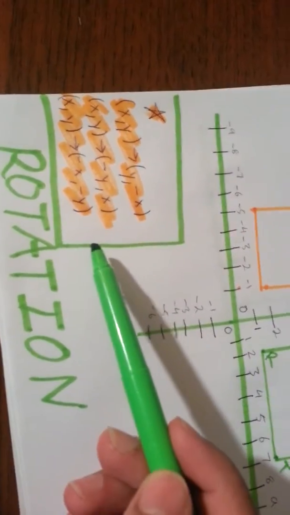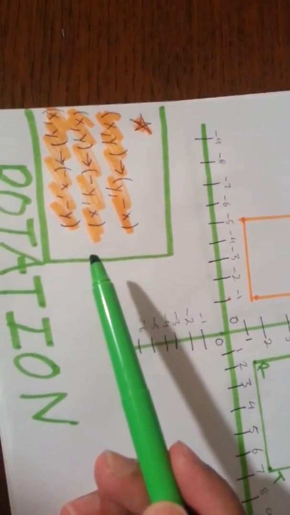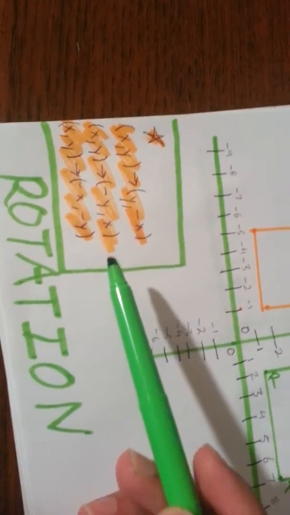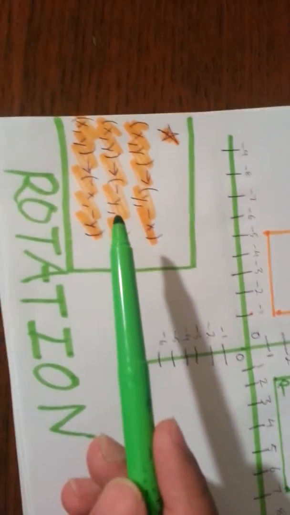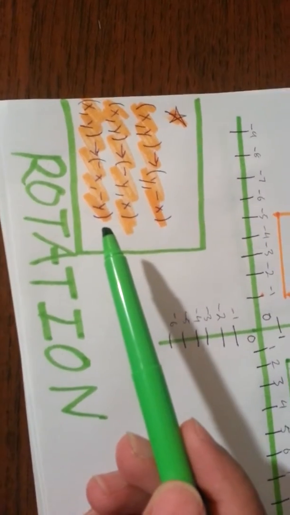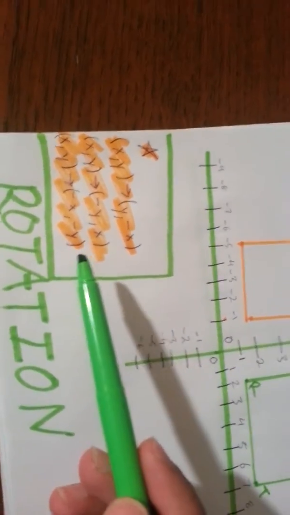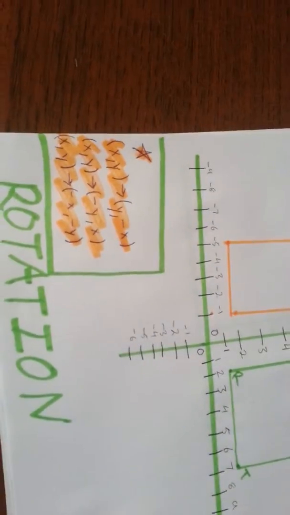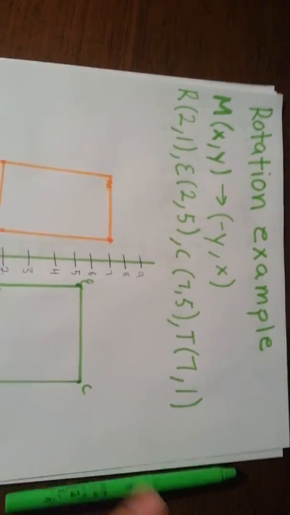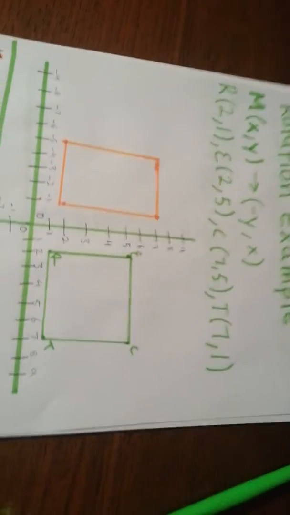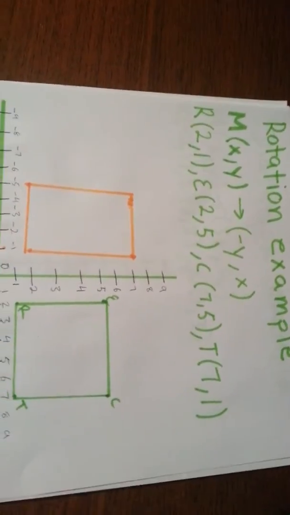For the second one, we flip X and Y again, but this time the Y becomes a negative. For the third one, we keep X and Y the same, but both become negatives. For this one, we flipped X and Y and we made the Y a negative.